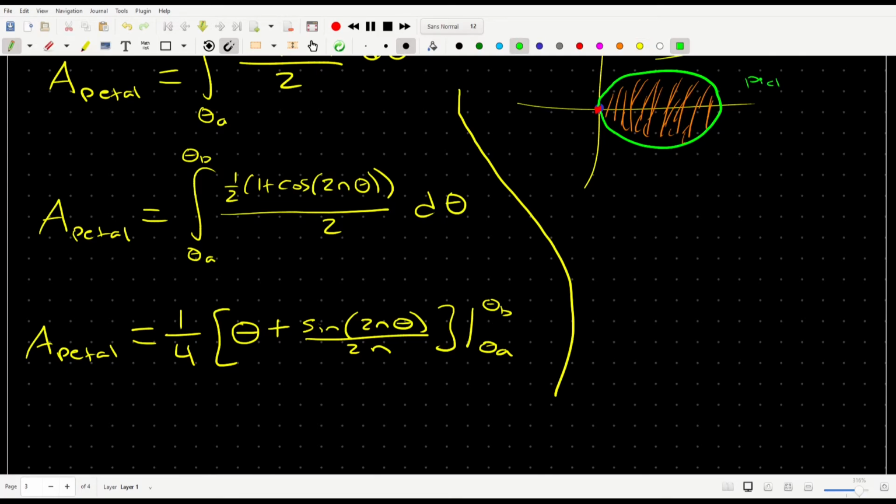But like I said before, we are specifically interested in finding the area of one petal. The picture that I drew here is the rose for n equals 2, but the integral that I've done here is the general integral for the rose. And this is what I want to lead with to show you how to do this in general for any one of these curves.